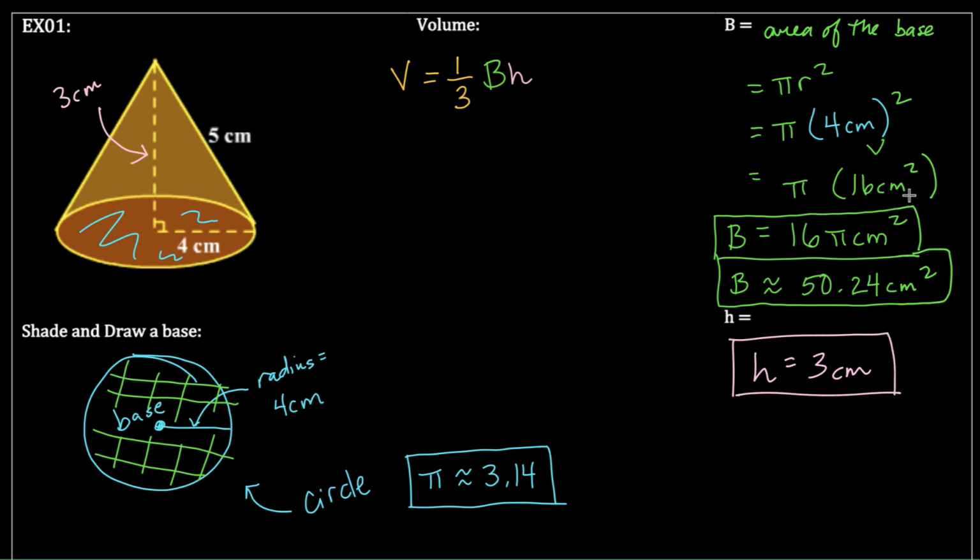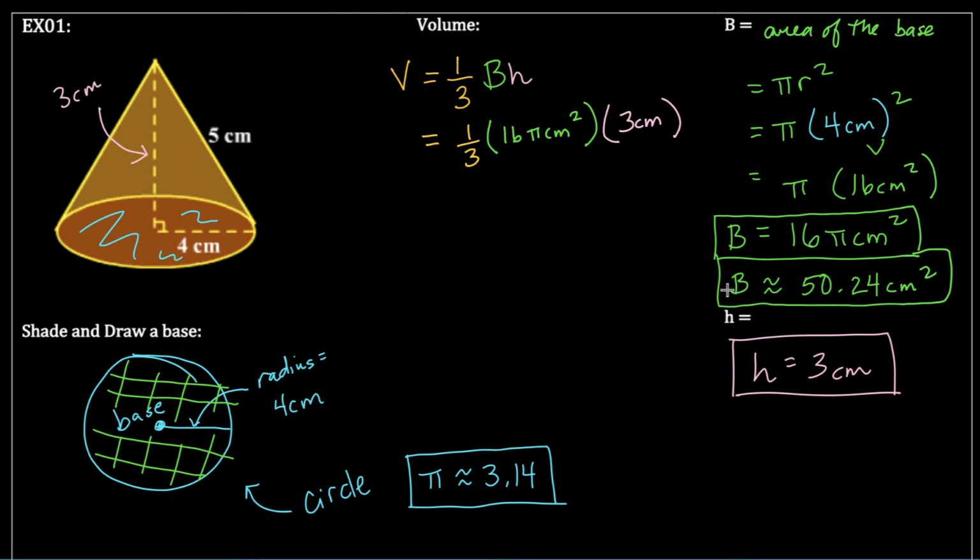Okay, so let's do the volume. Equals 1/3 times the area of the base, which is 16 pi centimeters squared, and then we multiply that by our height, which is 3 centimeters. You can do quite a few things here.